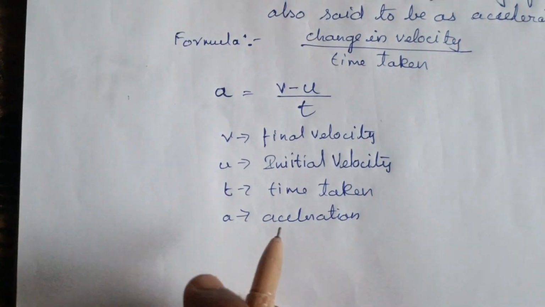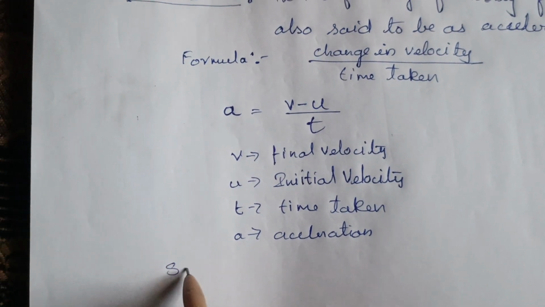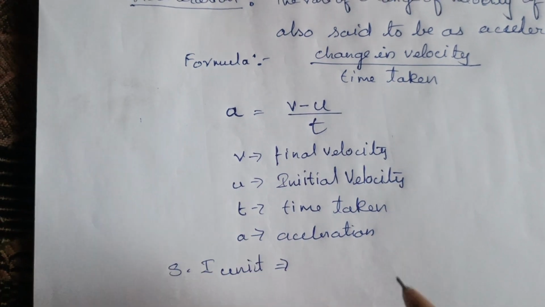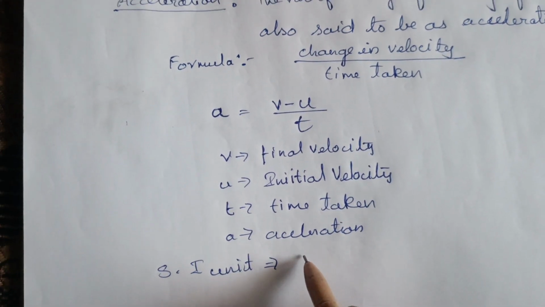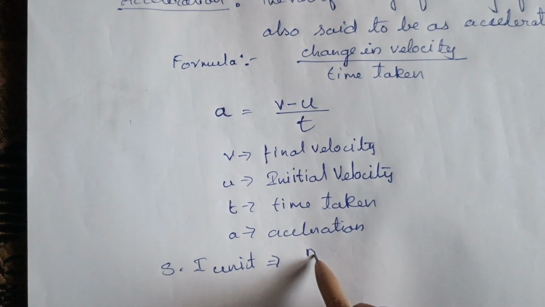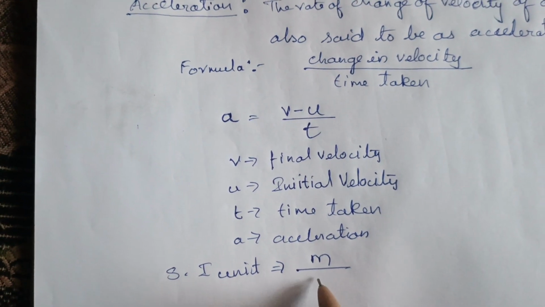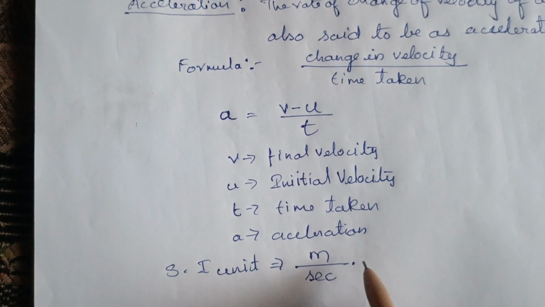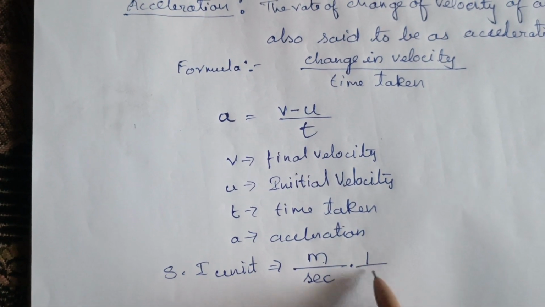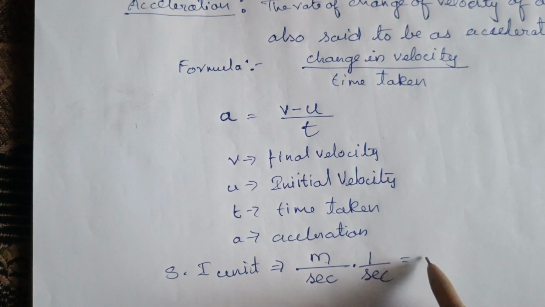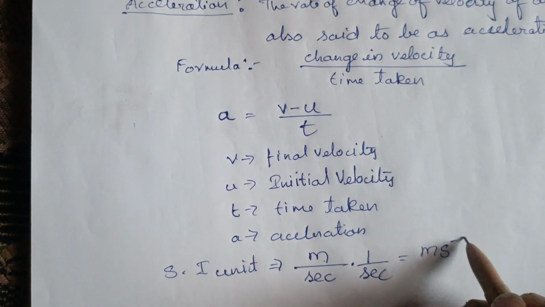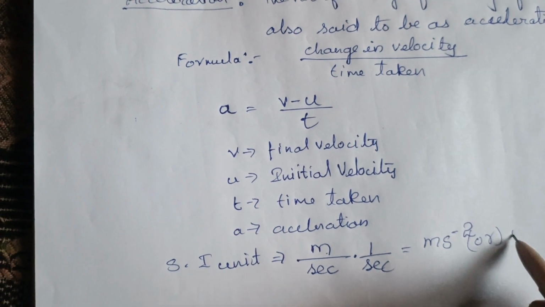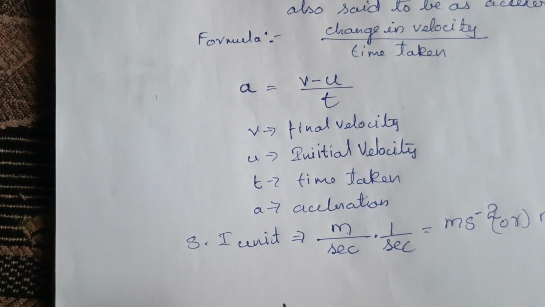What is the SI unit of acceleration? Change in velocity is measured in meters and time is measured in seconds. Velocity is meters per second, so acceleration is m s power minus 2, or m by s square.